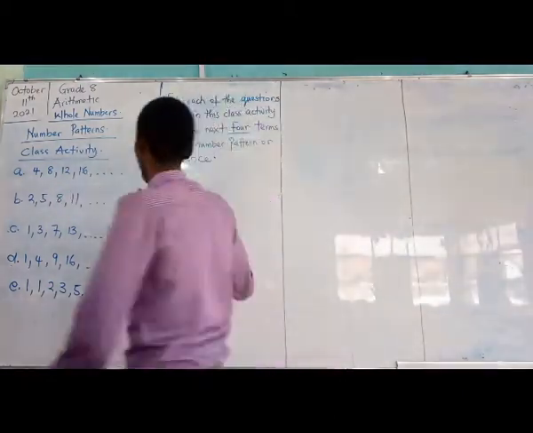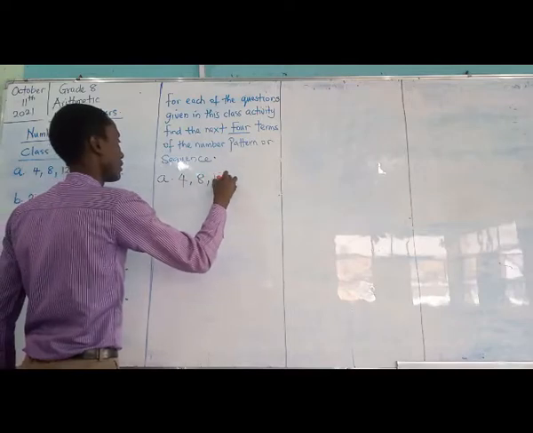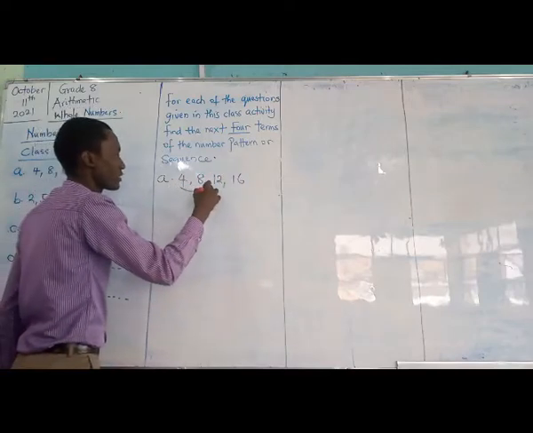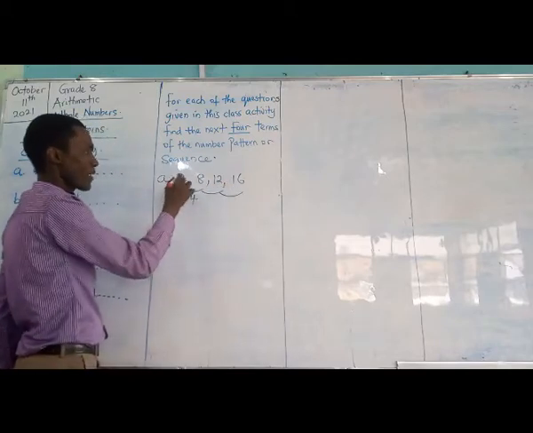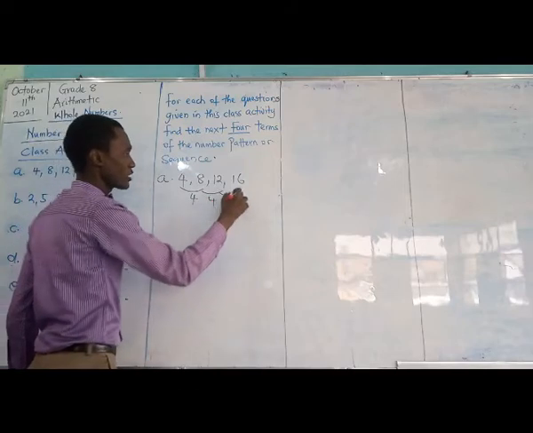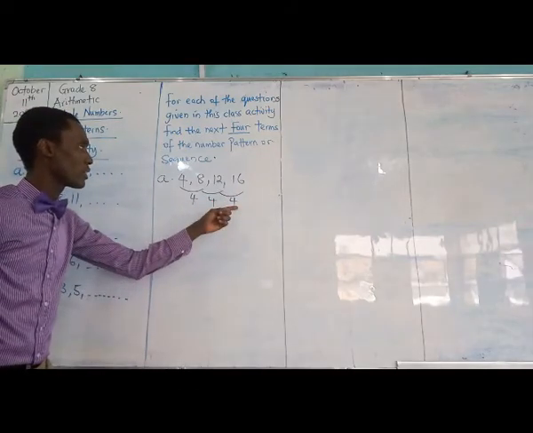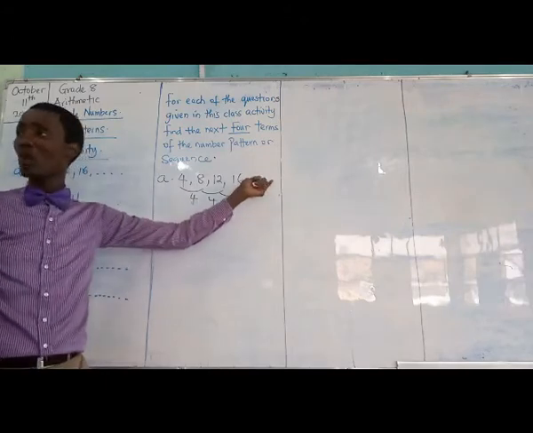So I'm going to write this just to help you see what's happening. And then I'm going to put a bar here to tell me what is the movement. I discovered that this minus this is 4, this minus this is 4, this minus this is 4. Now, because I'm seeing 4 and 4 here, it means that what I need to get in the next set of numbers will be to add 4.